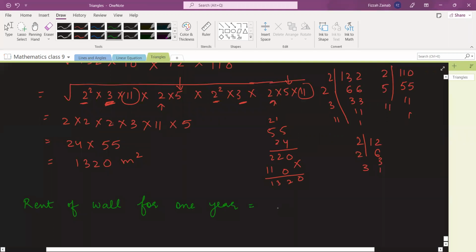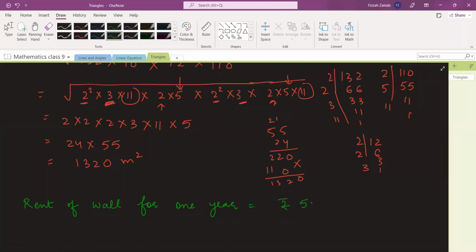Is that clear? That means in 1 year you have to pay this 5,000 per meter square. Is that clear? Yes, ma'am. That means for 1 meter square you have to pay 5,000 rupees. Is that clear?